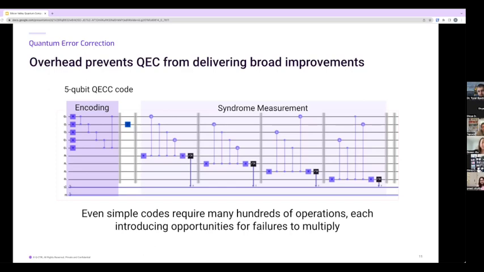And so with these hundreds to thousands of operations, we multiply the number of potential error possibilities that can arise. And so we need an extremely low baseline error threshold that comes from the encoding process as well as the hardware gate error limits. In order to achieve any sort of meaningful quantum error correction, we'd have to have this extremely low baseline error threshold to make this process work.